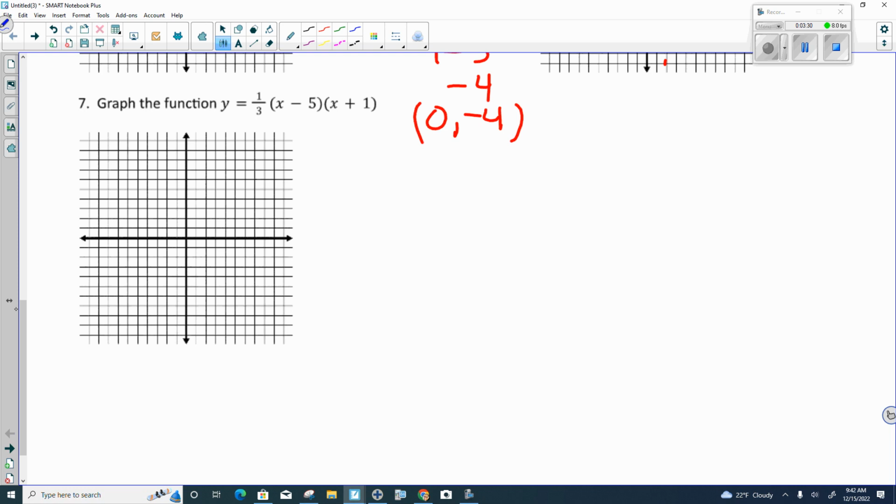All right, this one is in factored form. When you're in factored form, these are your zeros. Matt, what are the zeros? What does that even mean? The x-intercepts. And the way you find, there's a couple shortcuts. This is 5, this is -1.